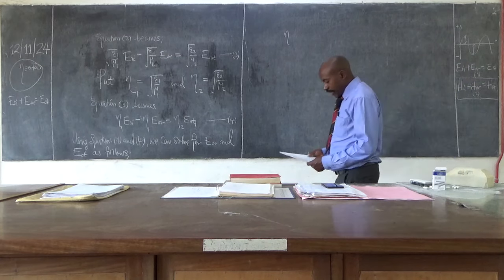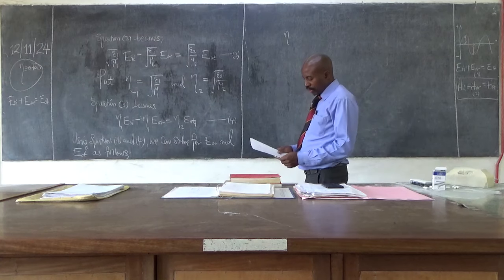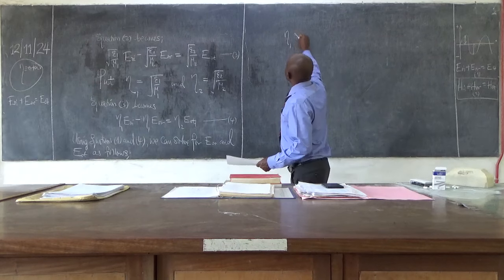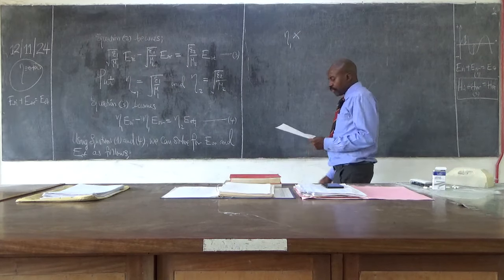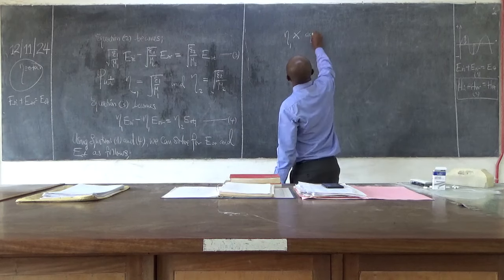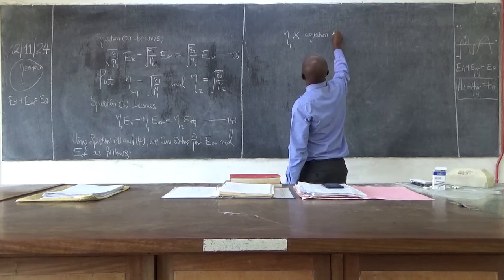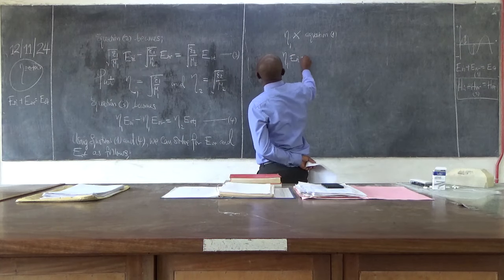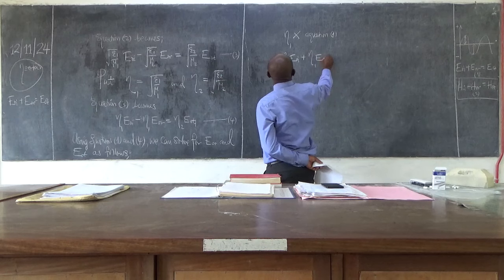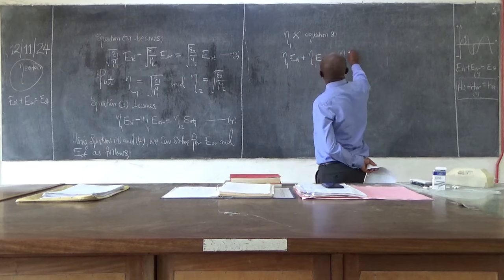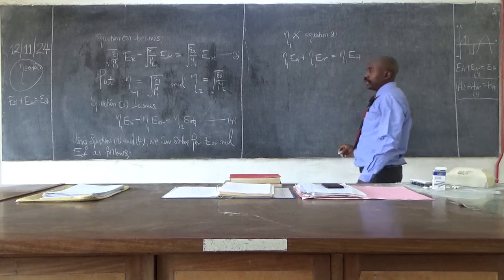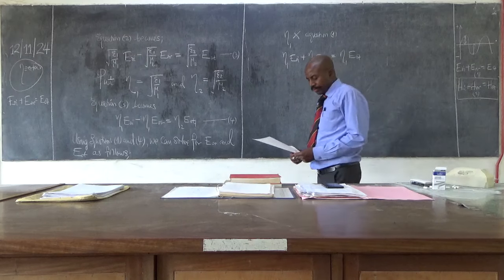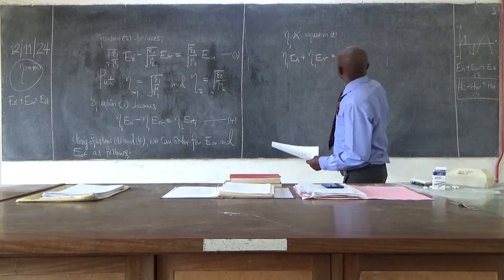Multiplying eta 1 by equation 1, we would get eta 1 E naught I plus eta 1 E naught R equals eta 1 E naught T. That would be equation 5.